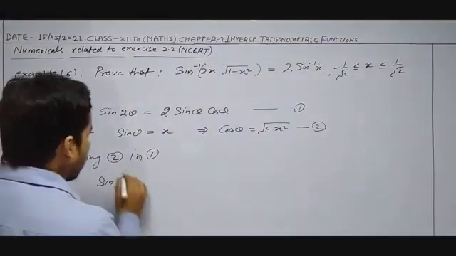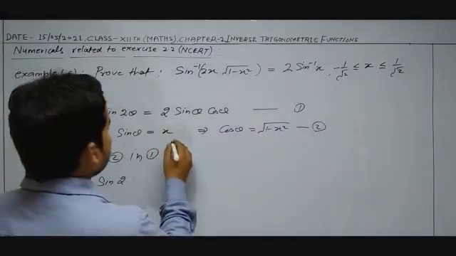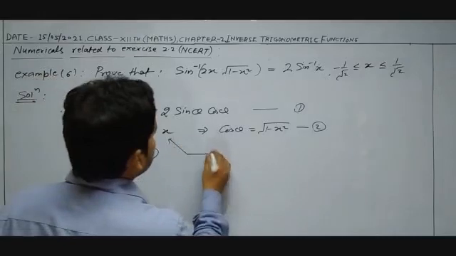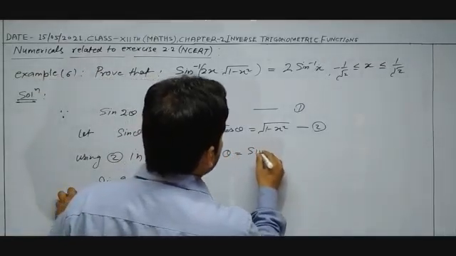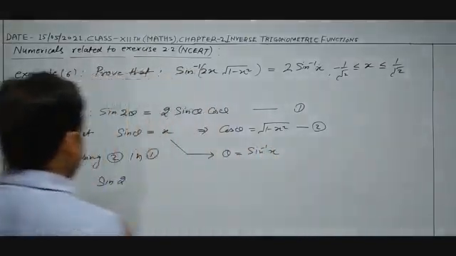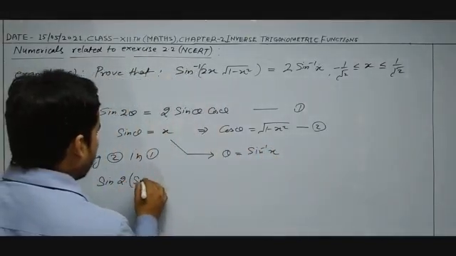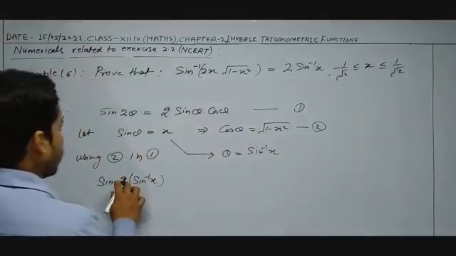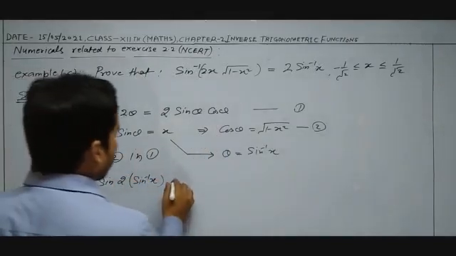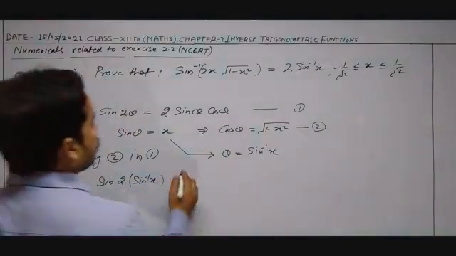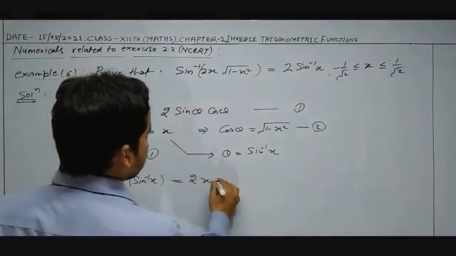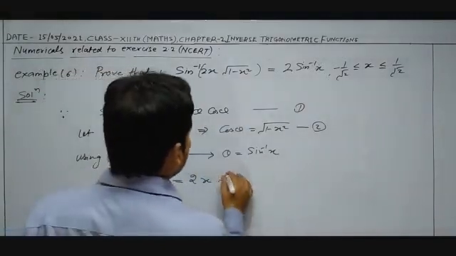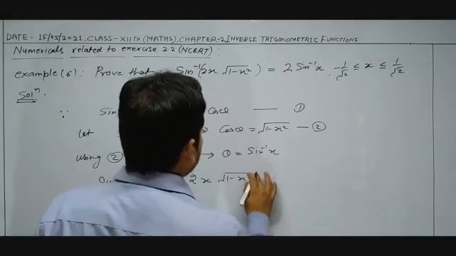We get sin of 2 times theta is equal to, from this expression, theta is equal to sin inverse x. Then 2 times sin inverse x is equal to 2 times sin theta value, which is x, and cos theta is root over 1 minus x square.